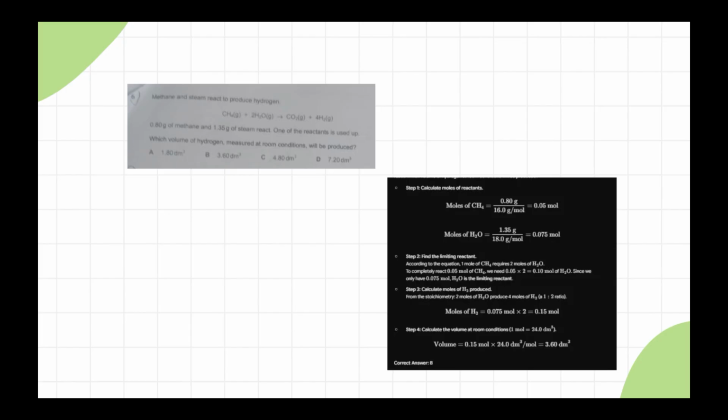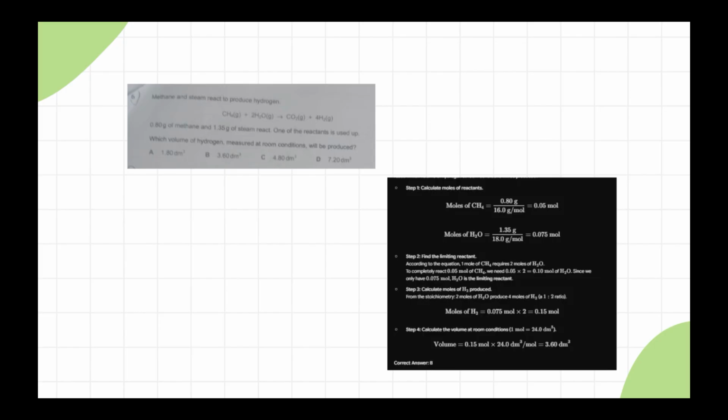Step 2, we have to find the limiting reactant. According to the equation, 1 mole of CH4 requires 2 moles of H2O. To completely react 0.05 mole of CH4, we need 0.05 times 2 equals 0.10 mole of H2O. Since we only have 0.075 mole, H2O is the limiting reactant.